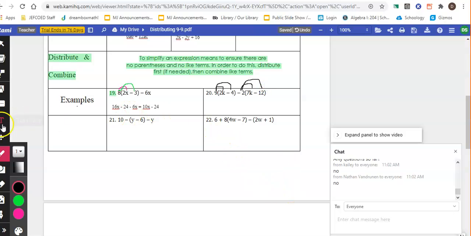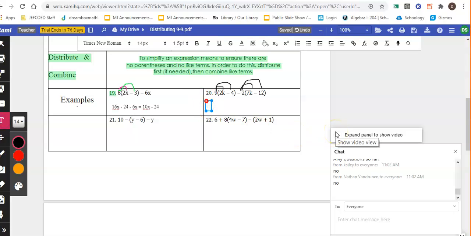Okay? All right, so here, 9 times 2k, that's going to be 18k. And then 9 times that negative 4 is going to be a negative 36. Okay? All right, still adding to this. We have a negative 2 times the 7k.